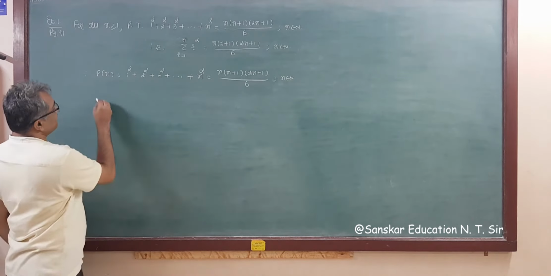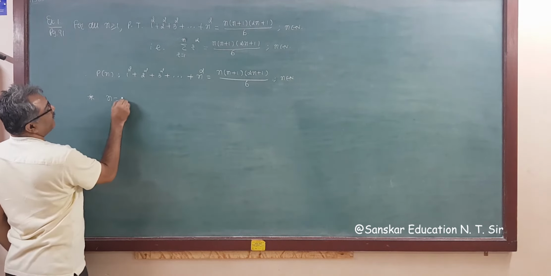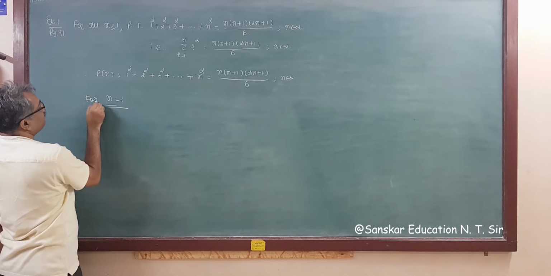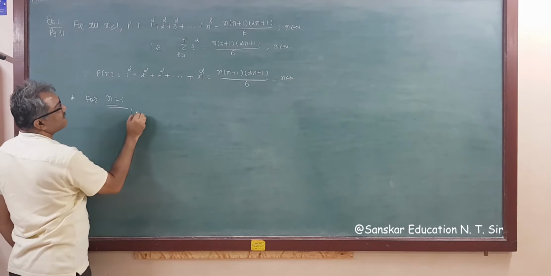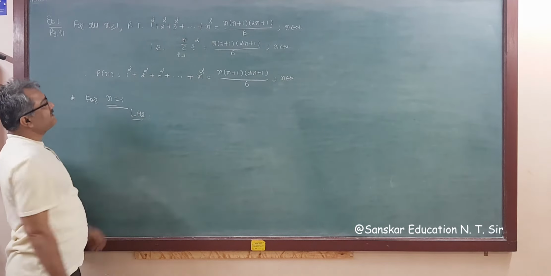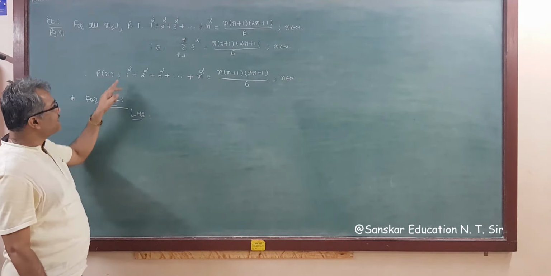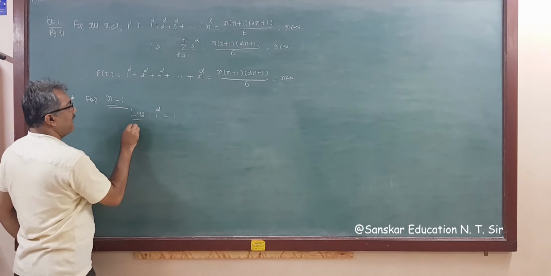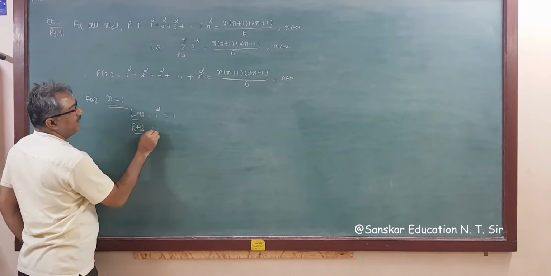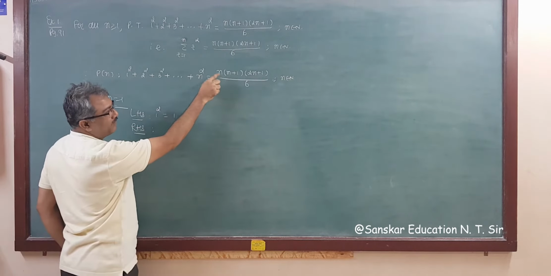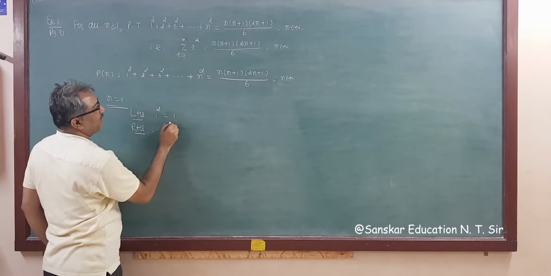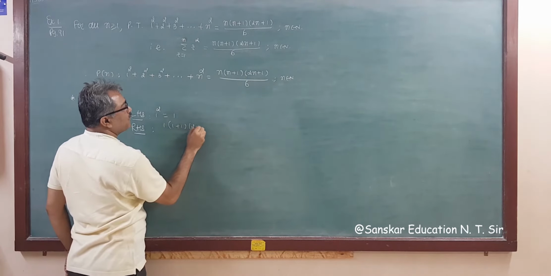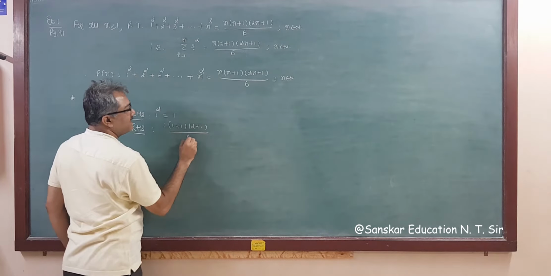So starting with n is equal to 1, our first step. For n is equal to 1, the left hand side is the first term, that is 1 square, which is 1. Right hand side, substituting n is equal to 1: 1 times (1 plus 1), that is 2, times (2 plus 1) by 6.